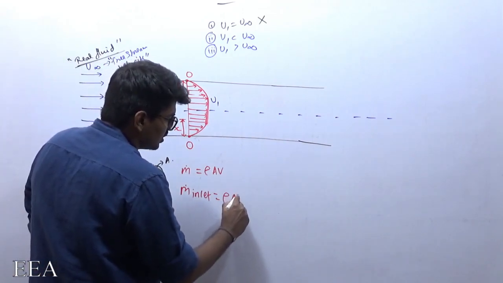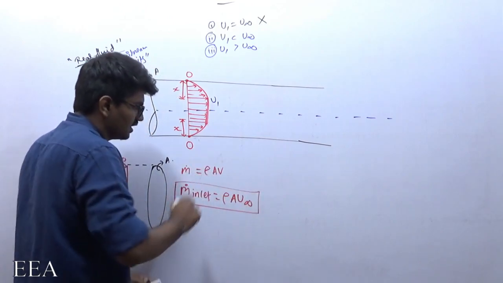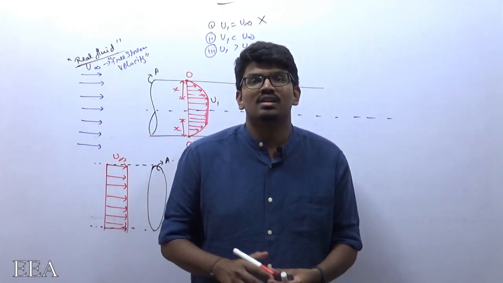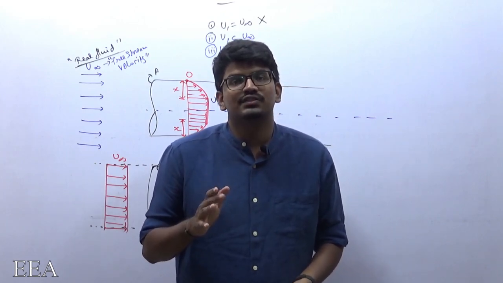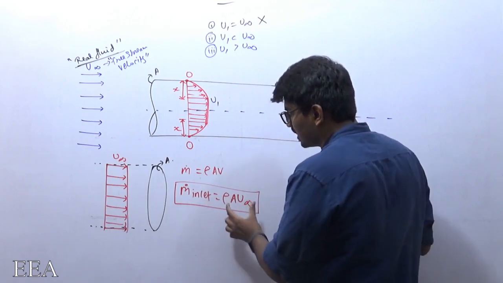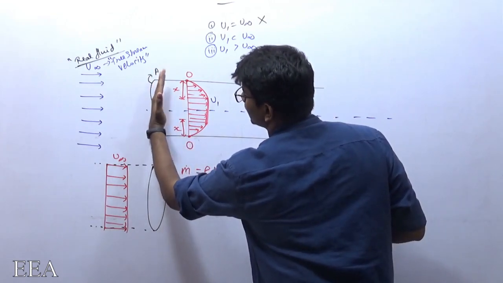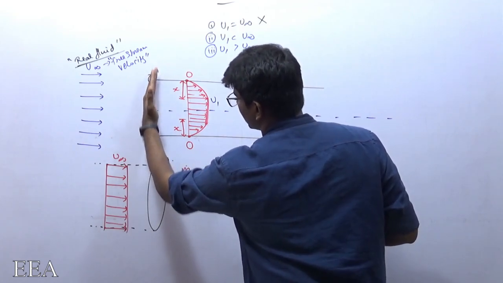So rho A u infinity is the mass flow rate at which it is entering this section.